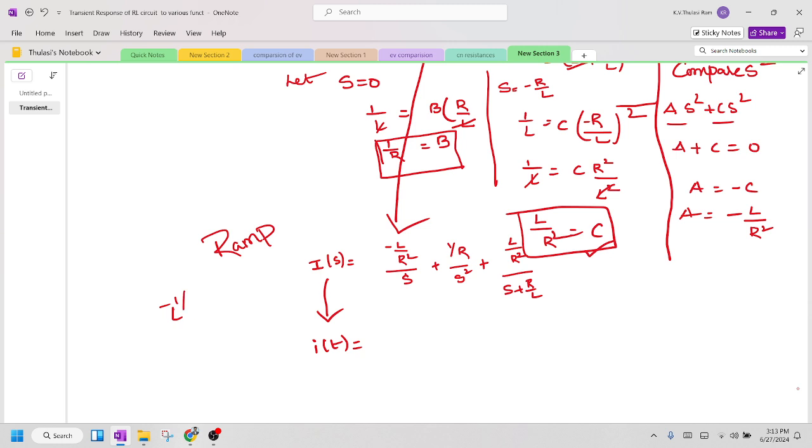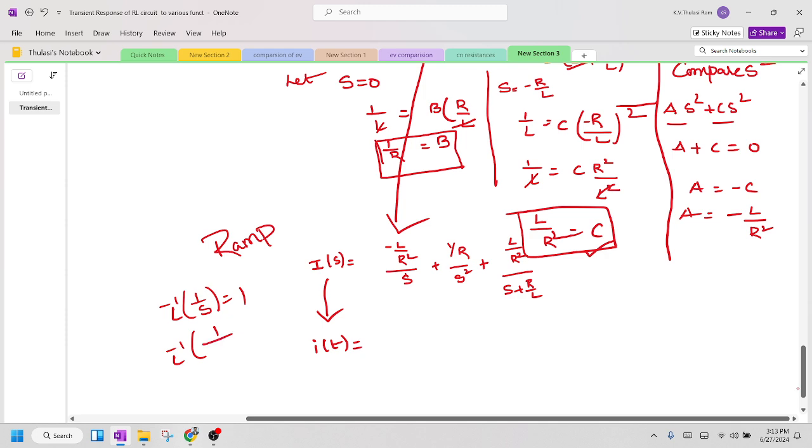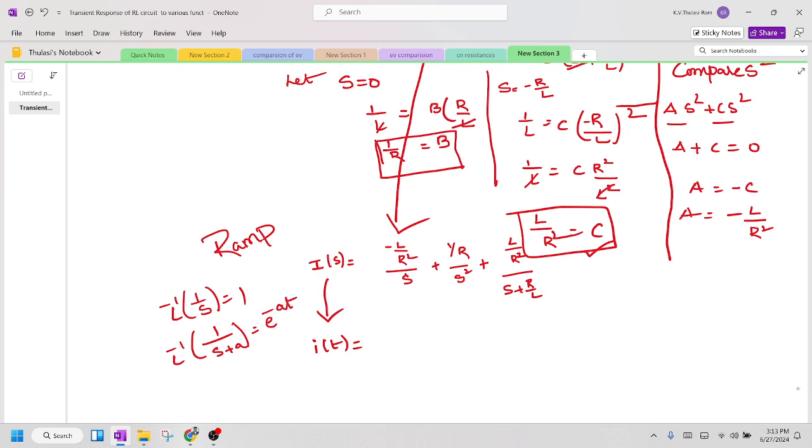The inverse Laplace of 1 by s is constant 1, and the inverse Laplace of 1 by s plus a is equal to e to the power minus at. So you can write this as minus L by R squared, plus 1 by R into, the Laplace transform of 1 by s squared is t, plus L by R squared into e to the power minus at, where the value of a is R by L.